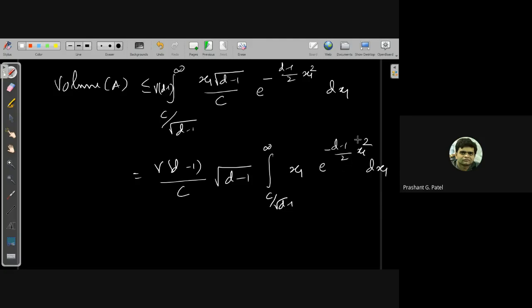Now the derivative of this one is D minus 1. So I'll just put (D minus 1) by 2 x1 square equal to t. So (D minus 1) by 2 into 2x dx1 is equal to dt, so that will get cancelled out.